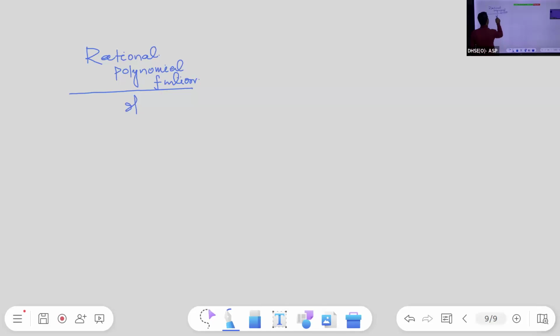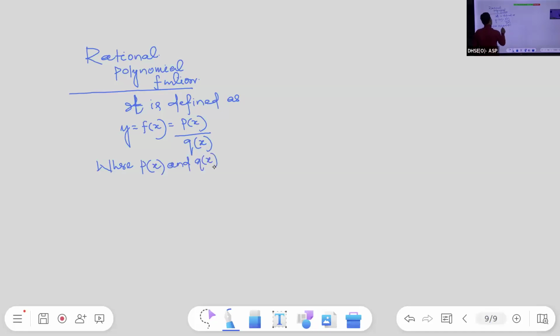It is defined as y is equal to f of x equals to p of x upon q of x, where p of x and q of x are polynomials in x.